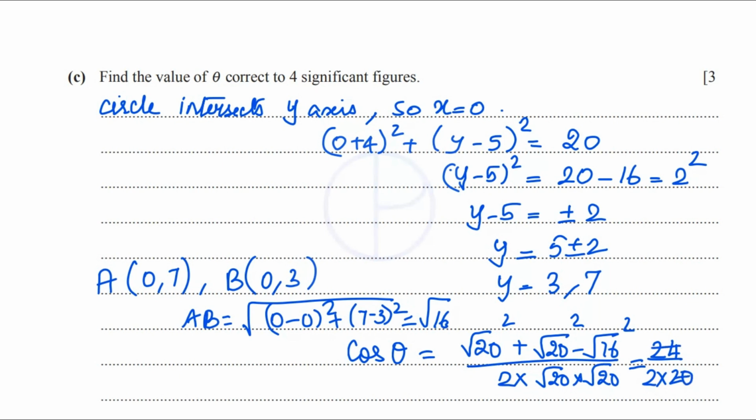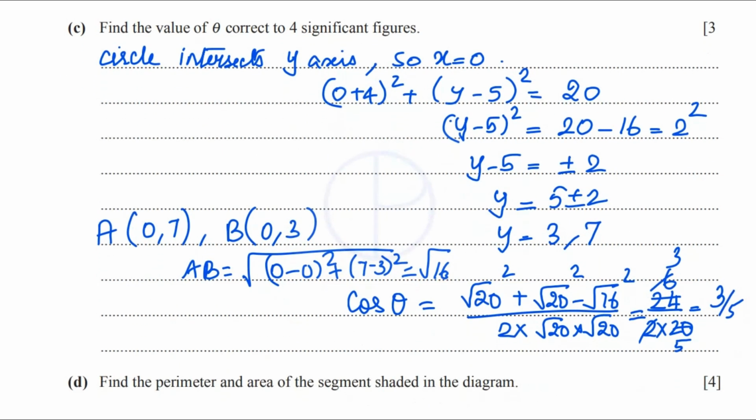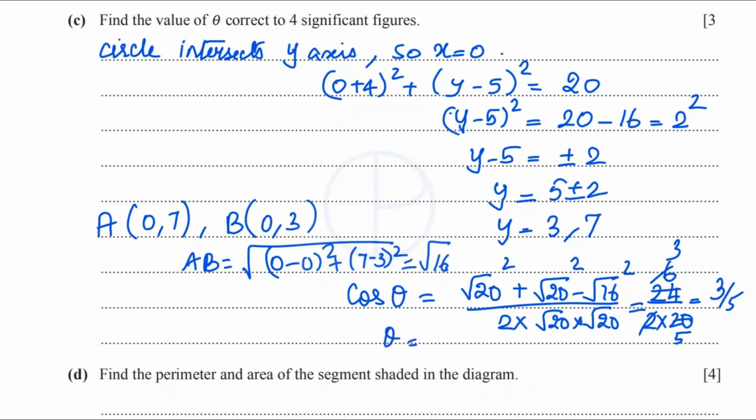So let's cancel this using 4. So this is 6 and this is 10, and 2 goes into 6 3 times. So 3 over 5. So what is theta? Theta is equal to cos inverse of 3 over 5, which is equal to 0.9272, correct to 4 SF.